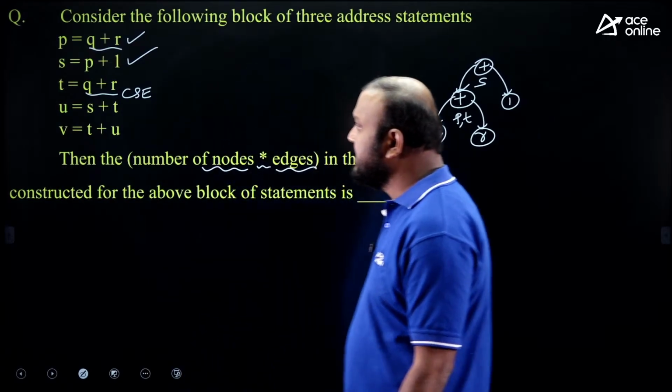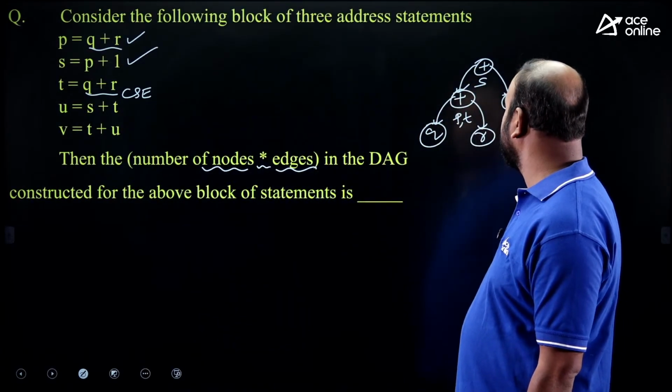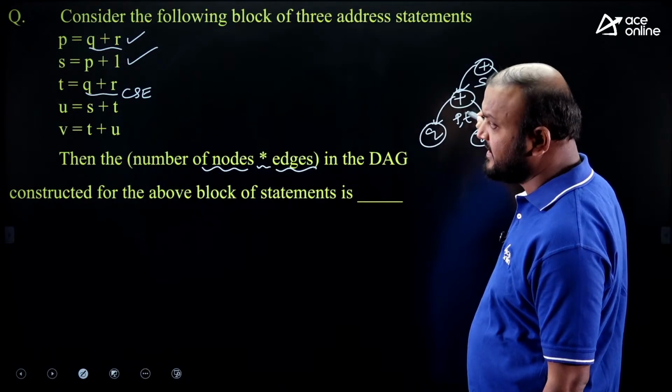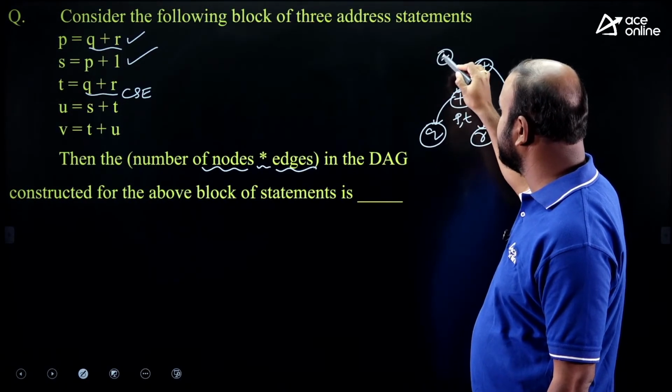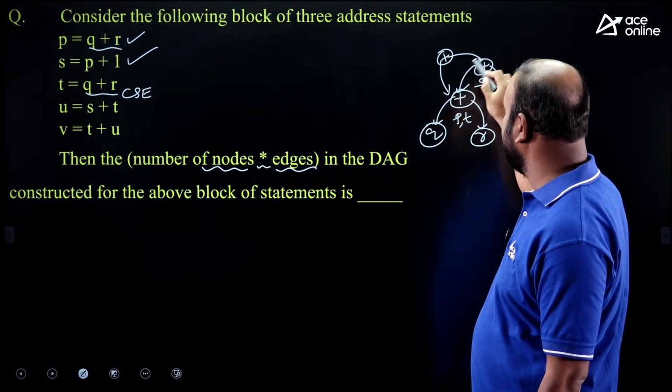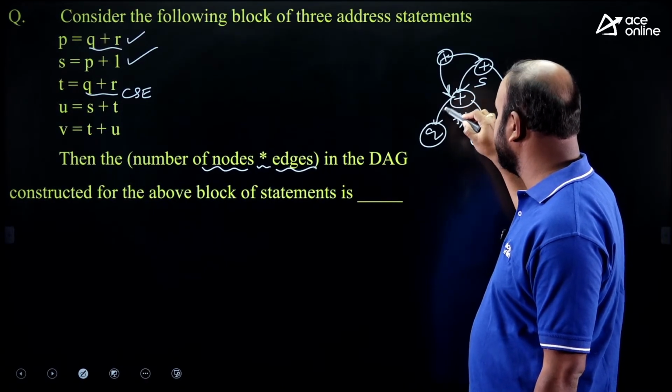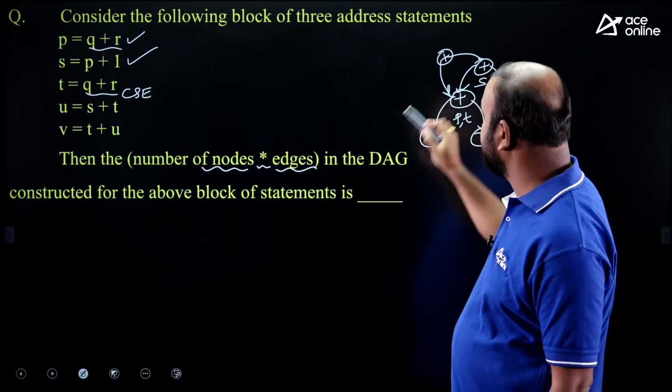And create a node for S. S is already there, node for T already there, and node for plus whose adjacent nodes are S and T, and name the node as U.